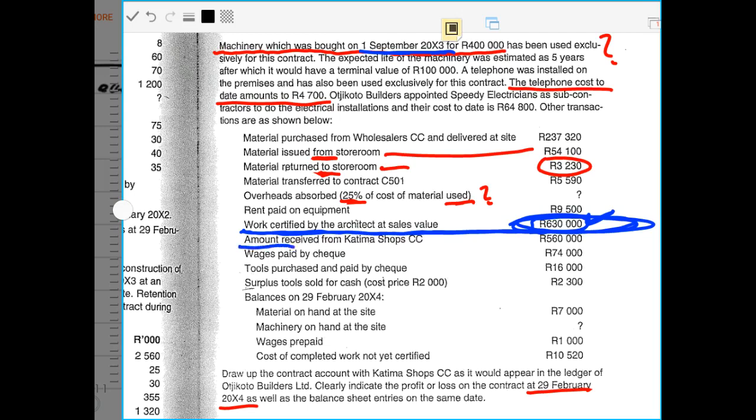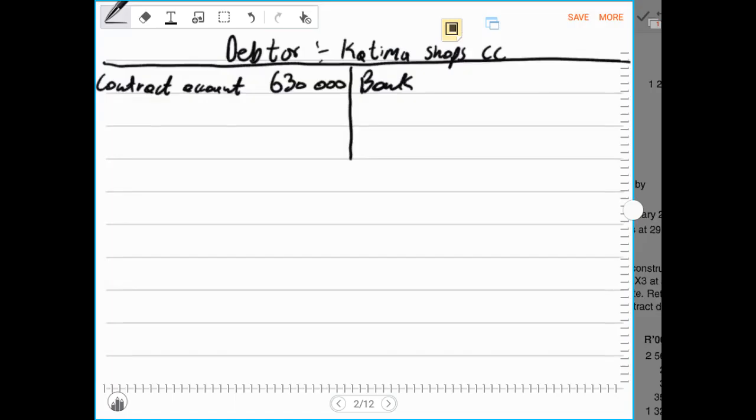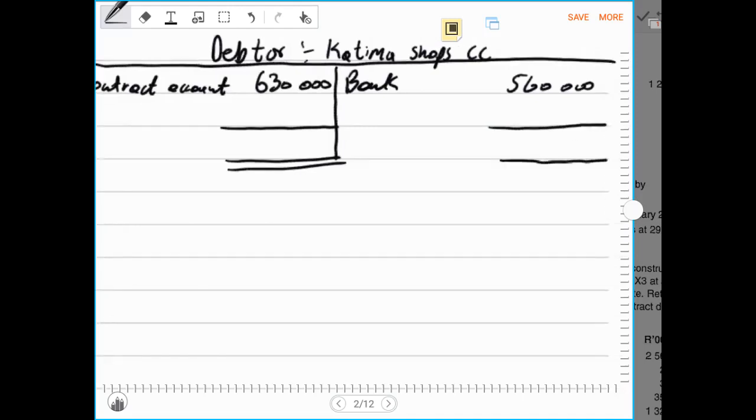The amount that was received from Katima Close Corporation was 560,000 rands, meaning by the end of the year, Katima Close Corporation still owes us some money. That means the amount that our client owes us as a debtor by the end of the year will be the difference between what he owed us on the amount that was certified and how much he paid us.